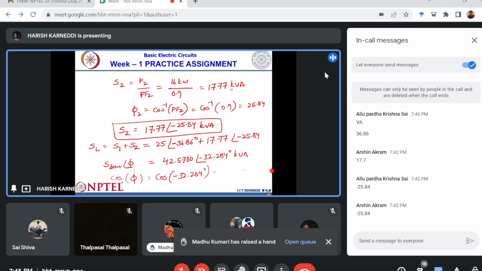What's the value of cos of minus 32.284? Cos 32.284. What's the value of cos of 32.284?